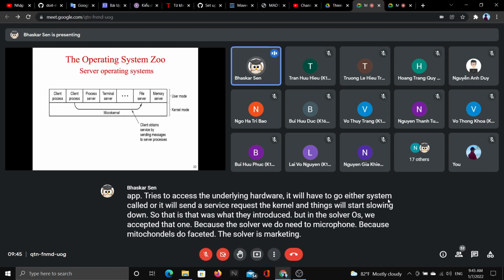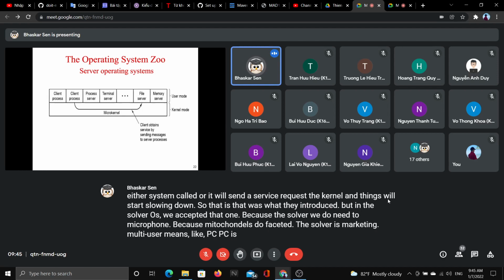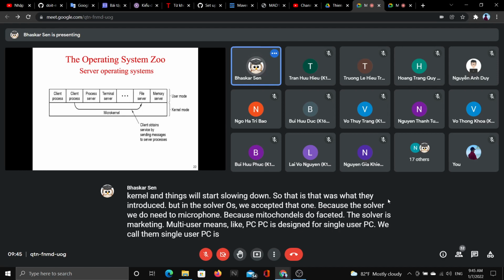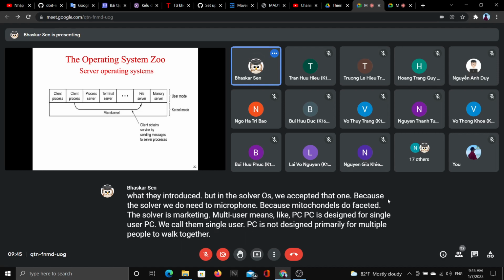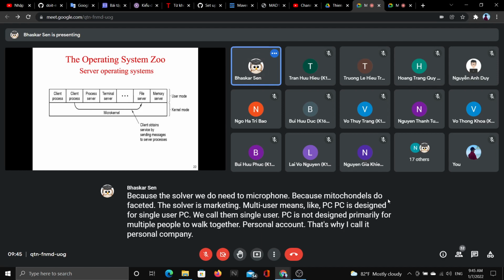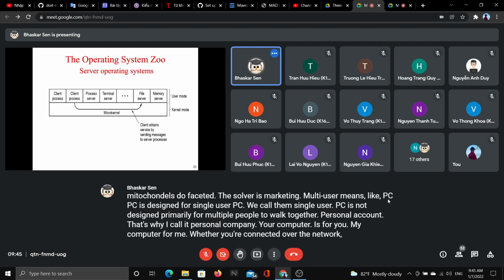Microkernels do facilitate servers, because a server is multi-user. PC is designed as a single-user machine, not designed primarily for multiple people to work together. Personal, that's why I call it personal computer. Your computer is for you. My computer is for me. Whether we are connected over the network, that's a different story.